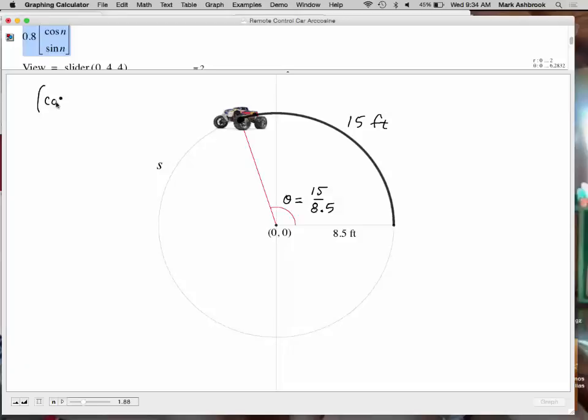Cosine of? And so then the vertical position as a fraction of the radius length? And if we want the coordinates in feet, right, so in feet, times 8.5.